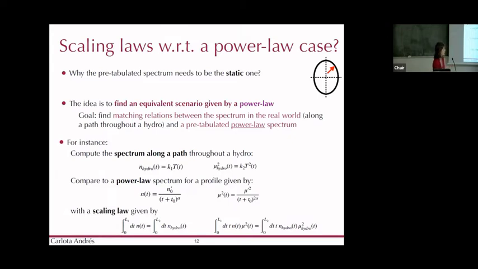And the idea is, okay, now my real spectrum is the spectrum along the path given by this trajectory that we have here. And then I will pre-tabulate for this profile where the medium parameters are given by power laws. And I will use these kinds of scaling relations that are very similar to the previous ones, but done with a power law spectrum. And that's what we are going to try.